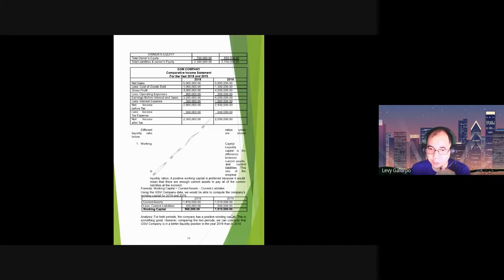For both periods, the company has a positive working capital. This is something good. However, comparing the two periods, we can conclude that GSM company is in a better liquidity position in the year 2019 than in 2018. So, mas malaki ang working capital ng 2019. So, it is better than in 2018. Diba?